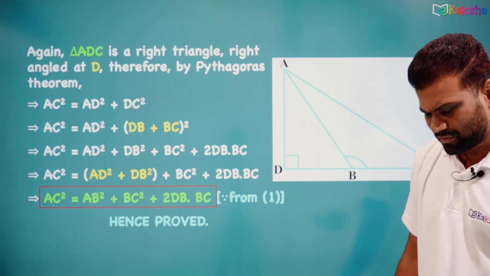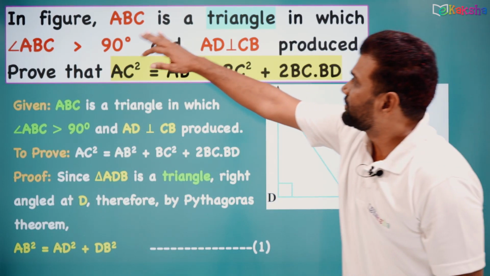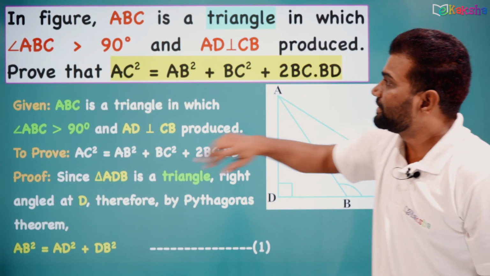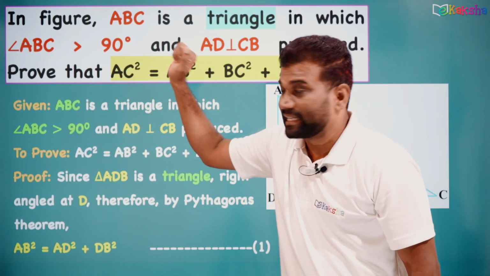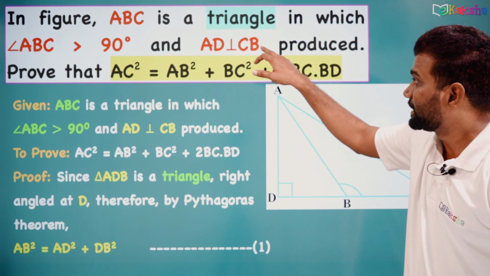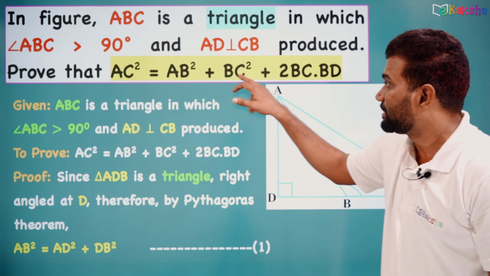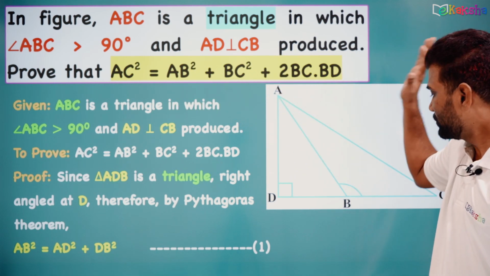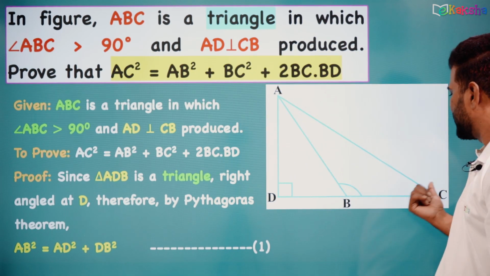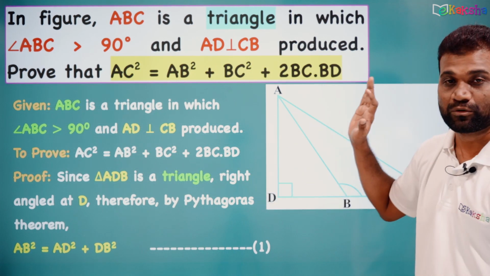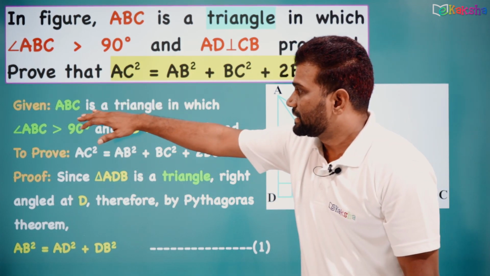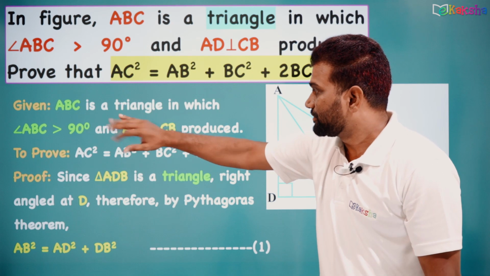So very simple. In the figure, ABC is a triangle in which angle ABC is greater than 90 degrees and AD is perpendicular to CB produced, and we need to prove that AC square equals AB square plus BC square plus 2 times BC into BD. This is the given statement as it is from the question.